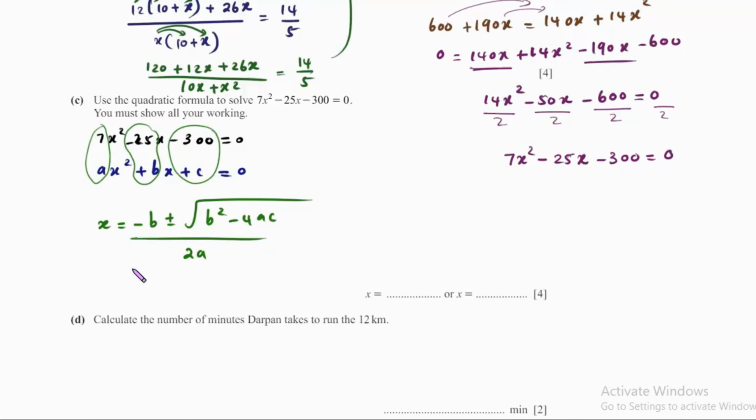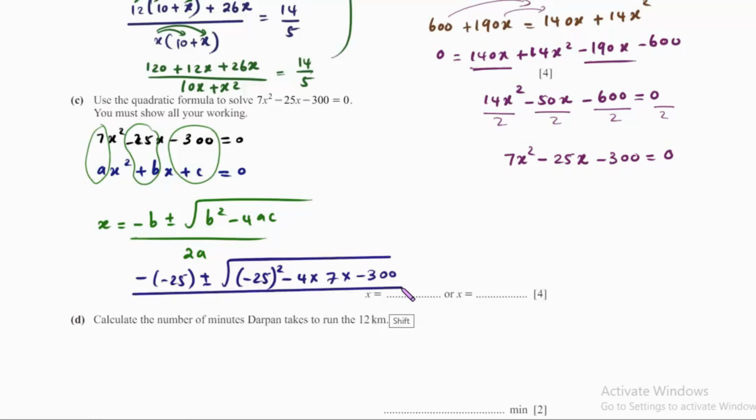I have minus the value of b, which is minus 25, plus minus the square root of minus 25 squared minus 4 times the value of a, which is 7, times the value of c, which is minus 300. This entire thing should be divided by 2 times the value of a, and a is 7 here.